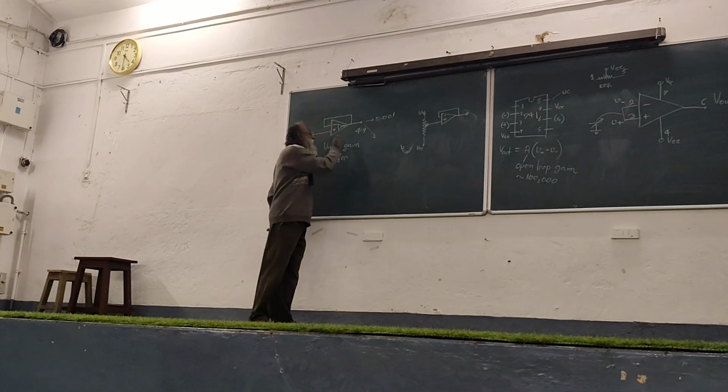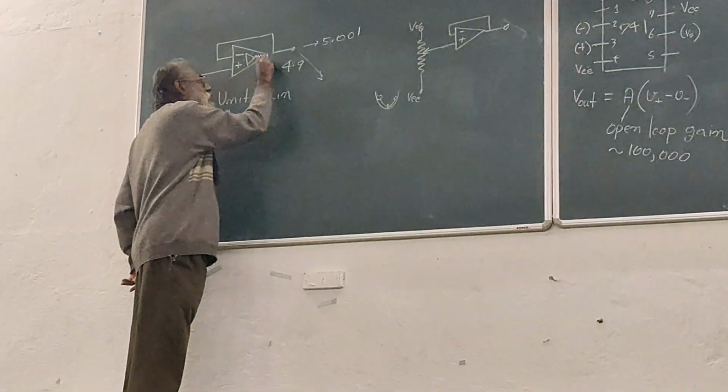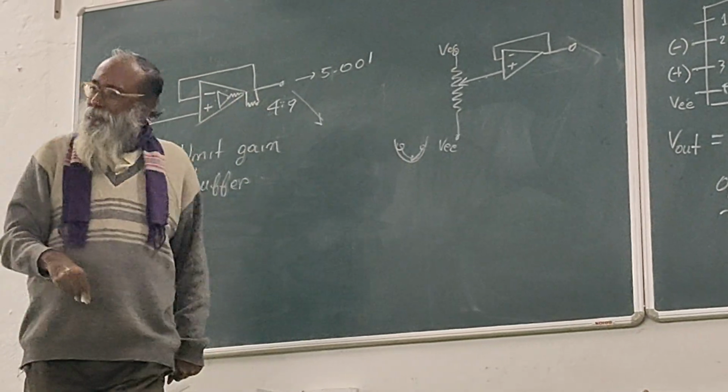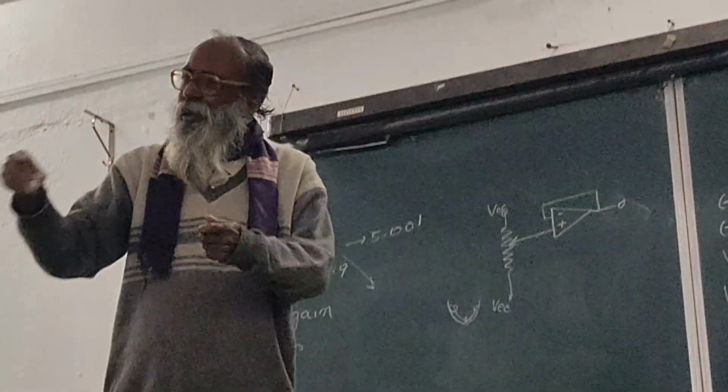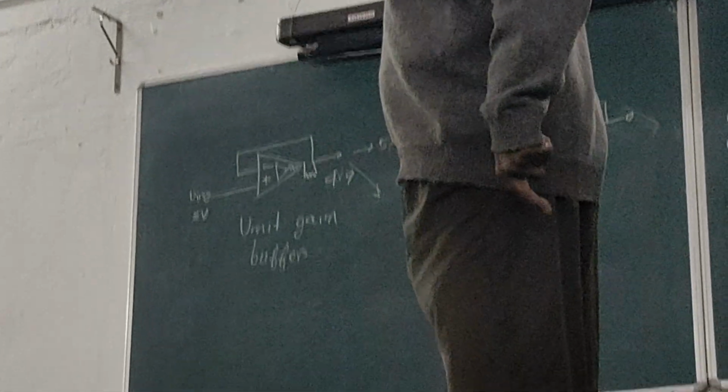Say for instance, I connected a resistance here, a zero resistance, and I take the feedback from this end.